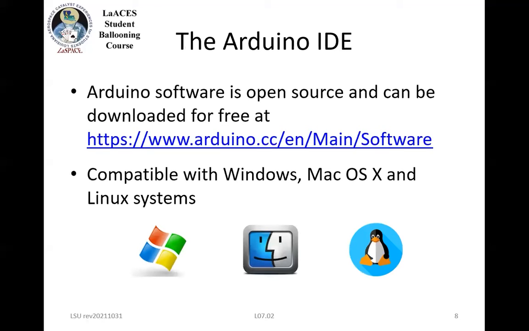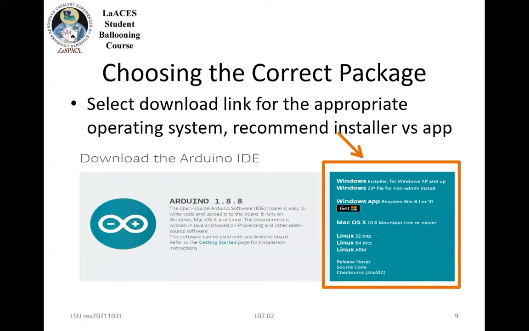Okay, so here is the URL that you want to go to to download the software. I would imagine most everybody's using either Windows or Mac, but there are also Linux versions. When you get there, you should see a link to download the IDE that looks something like this.